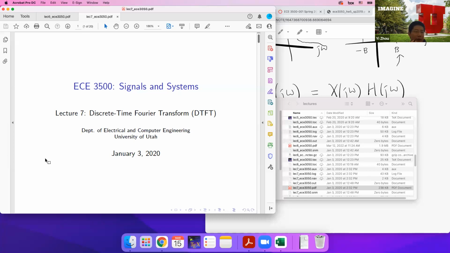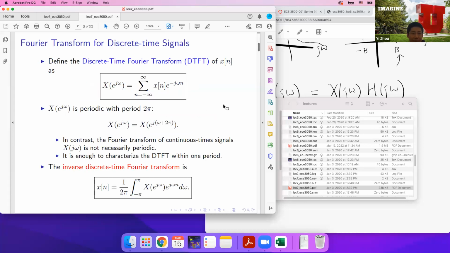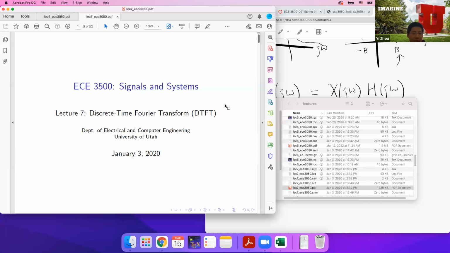Most of the definitions and properties are exactly the same as the continuous time Fourier transform. But because we are now looking at discrete time, there are some subtle differences. And again, the discrete time Fourier transform is for analyzing aperiodic discrete signals.